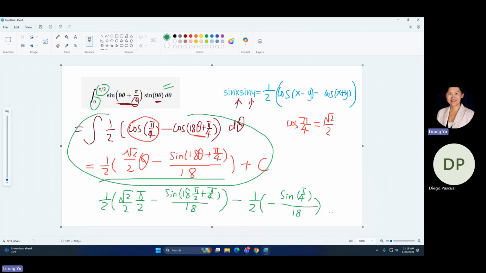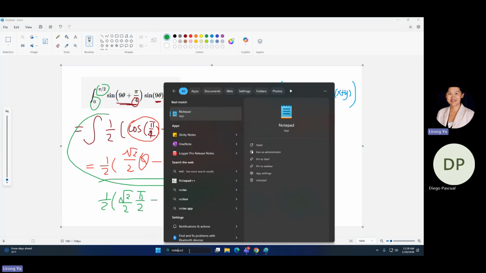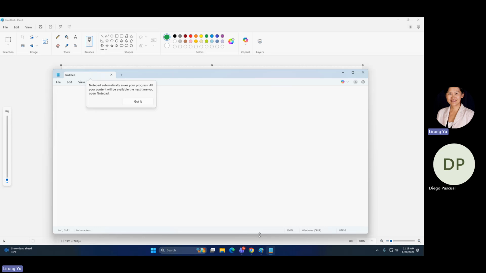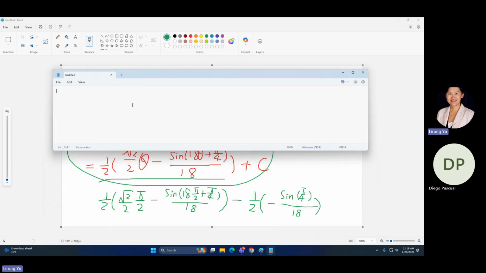Let's see, we can put it in a calculator and see what the value is. The definite integral, so we actually need to figure out the number. I'll enlarge it so you can see what I'm writing. So we have 1 over 2 multiplied by a subtraction.